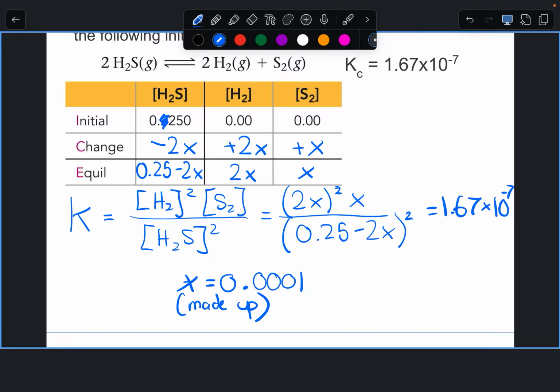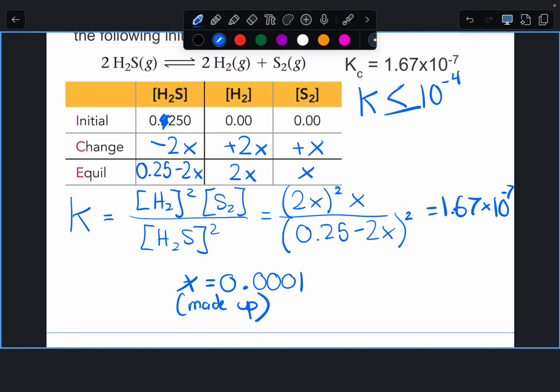If you carried it out far enough, it would be like 0.24999 something, okay? So what we're going to do when the k is very small, and I'm going to define k as being very small as k less than or equal to 10 to the negative fourth, okay?